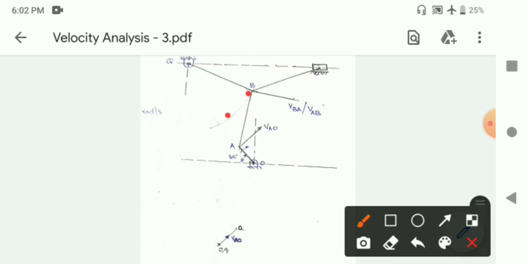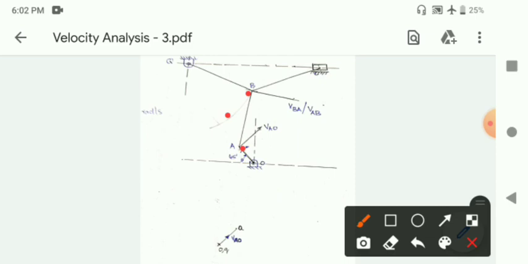But the only thing that we know is that the line of action of that velocity will be perpendicular to link AB.